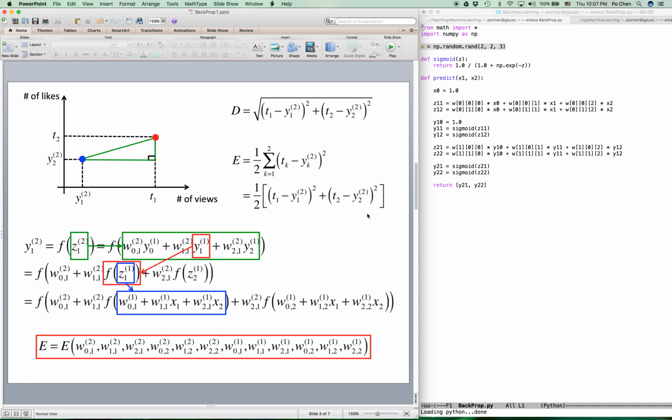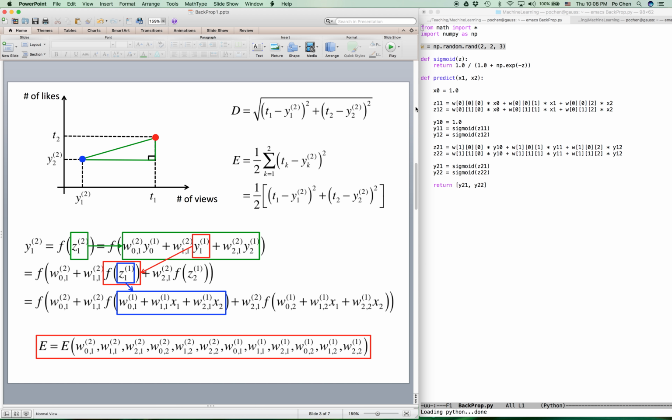So let's take a closer look at what Y21 actually is. We know that Y21 is computed from the logit Z21 by applying the nonlinear sigmoid function, right?